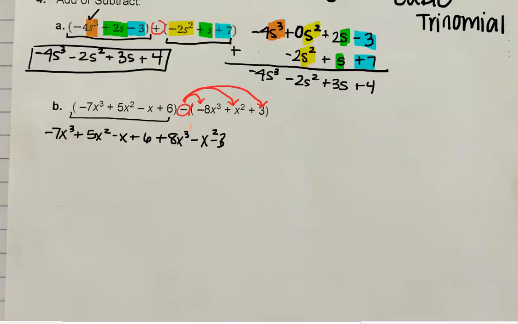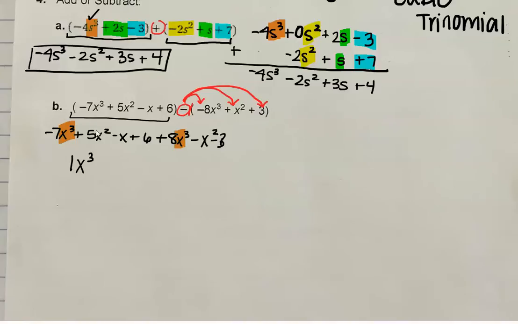So look for the same variable, the same exponents. So everything's in x's, so I have x cubed here and here. So I'm really just doing negative 7 plus 1, which would give us 1 x cubed, although as you know the 1 you don't have to write it. Next we have the x squareds.